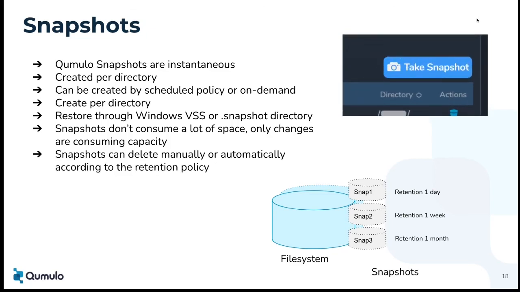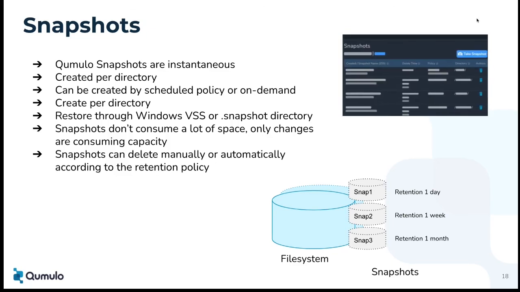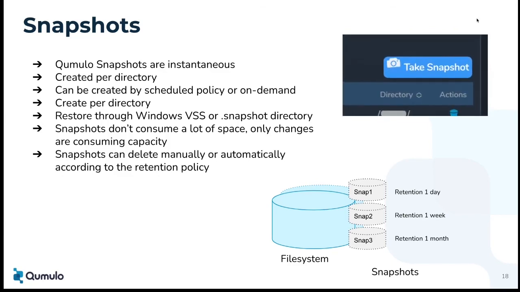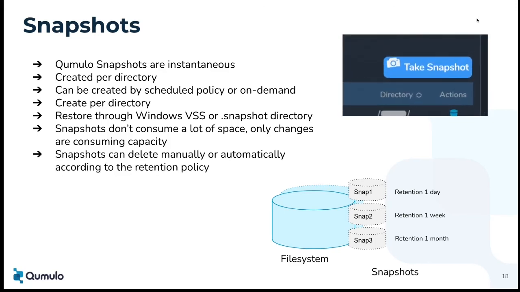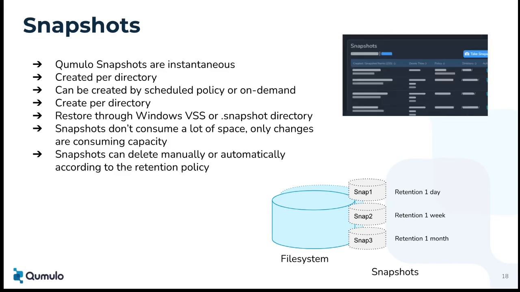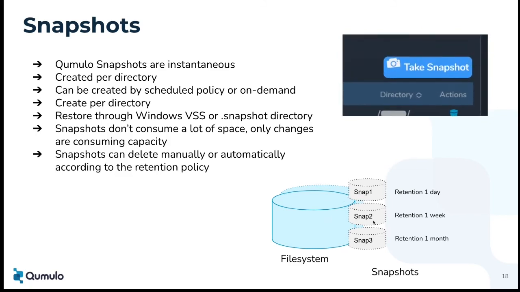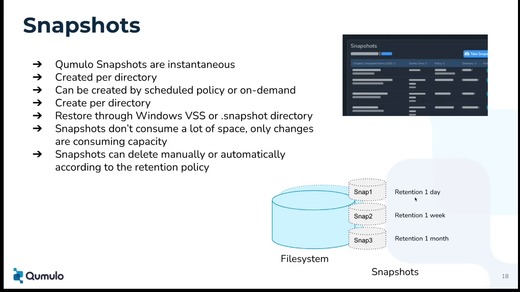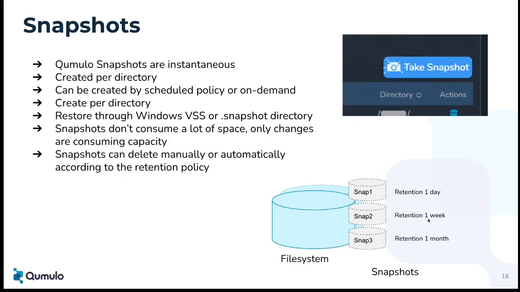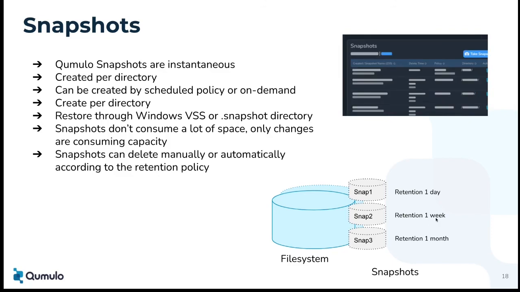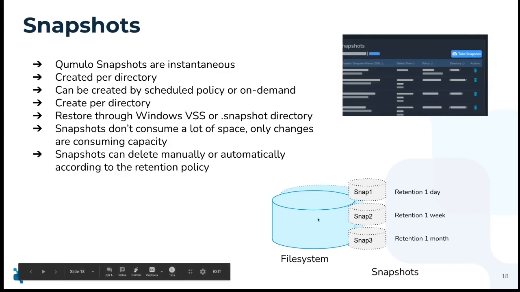Snapshots don't consume a lot of space, only changes are consuming capacity, and snapshots can be deleted manually or automatically according to some retention policy. For example, you could create a policy that takes a snapshot regularly, and then you could say for policy 1, retention is 1 day, another policy has a retention period of 1 week or even 1 month.